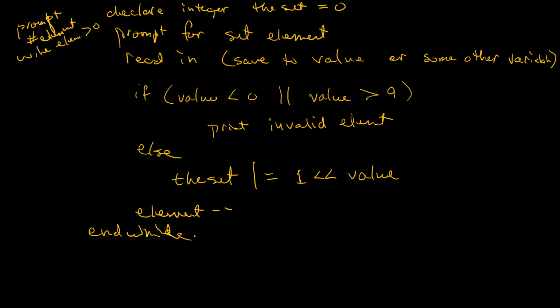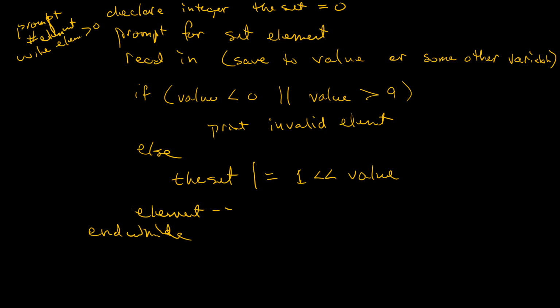So this would be, how do I read in this set? First of all, ask, how many elements are in the set? 5, 9, whatever. I can check to see if it's valid or not. You can do that if you want. It's not a requirement, I don't think. If it is, it's in the assignment.